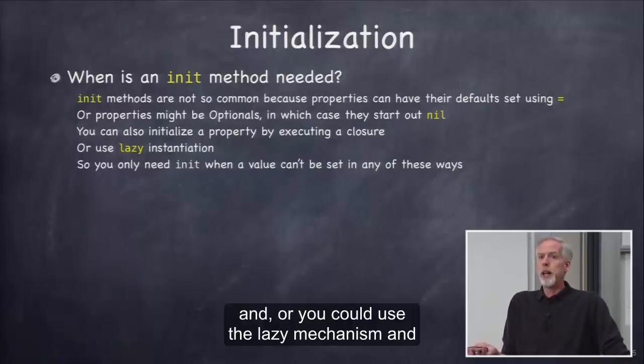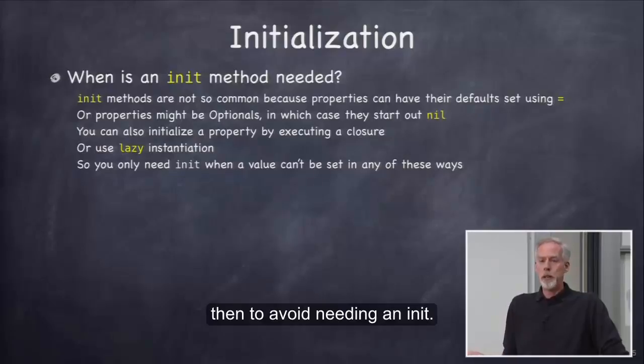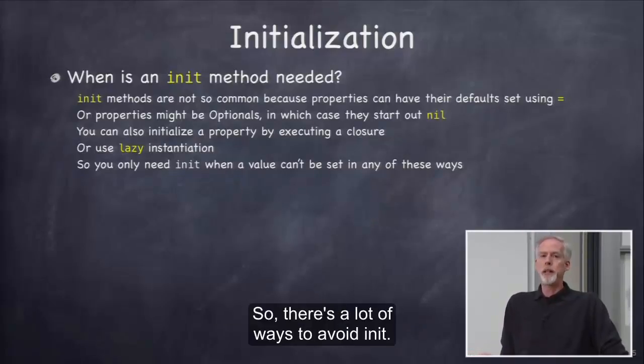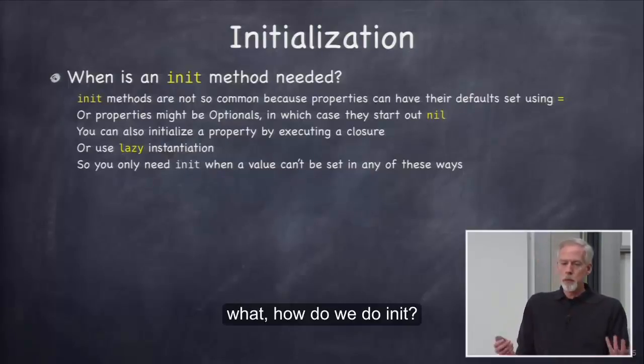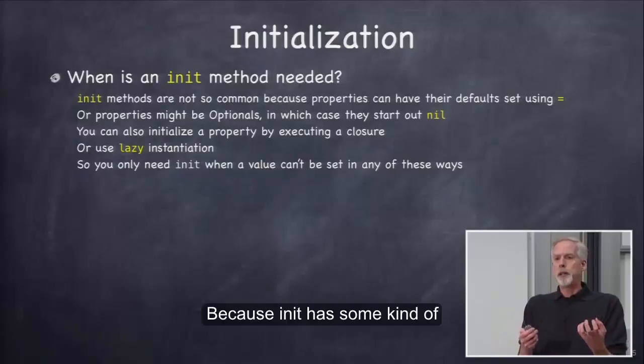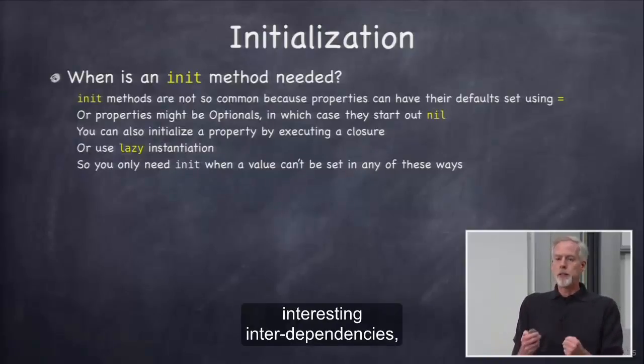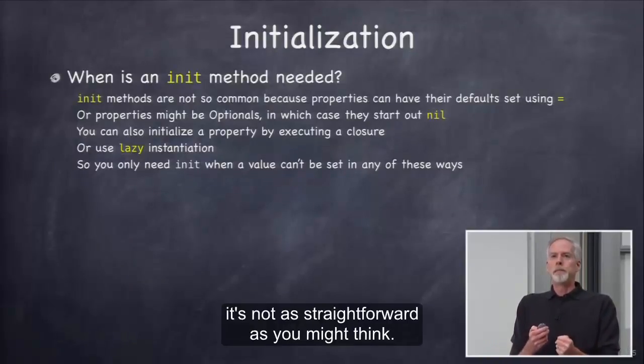Or you could just use the lazy mechanism, to avoid needing an init. So there's a lot of ways to avoid init. But if you do need an init, how do we do init? Because init has some interesting interdependencies. It's not as straightforward as you might think.